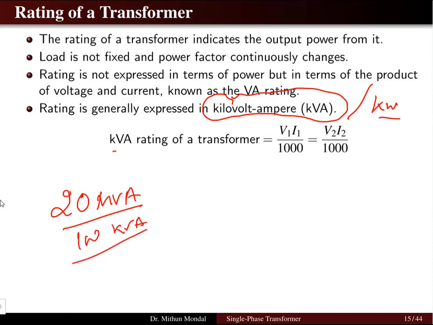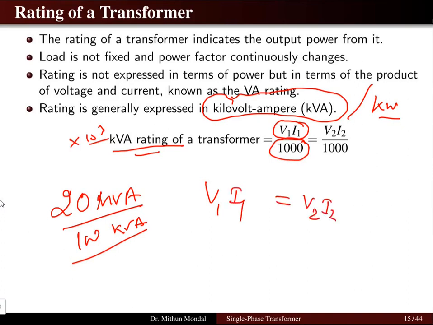Now this kVA rating of the transformer can be written as V1 I1, that is the product of input voltage and input current, divided by 1000, because this is 10 to the power 3. Since V1 I1, the input power, is equal to V2 I2, the output power, divided by 1000, we get the kVA rating of the transformer.